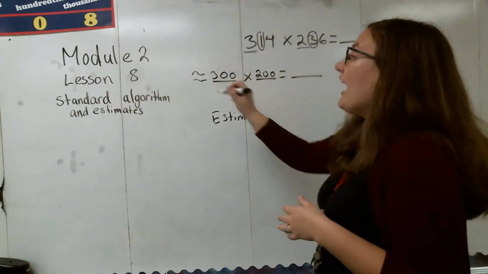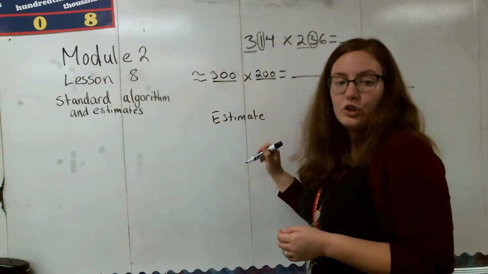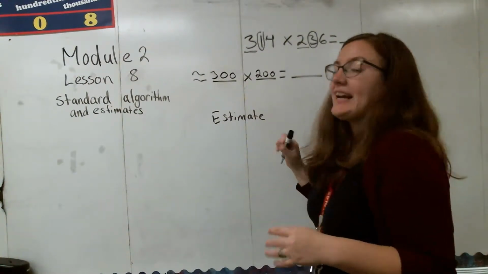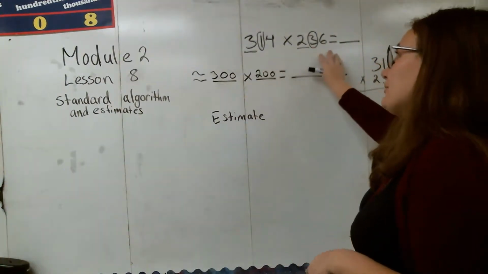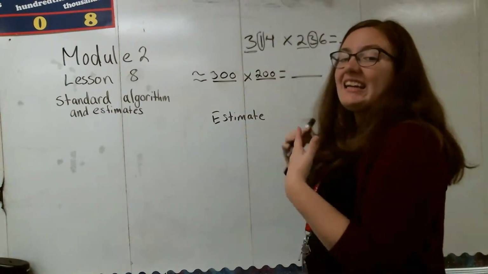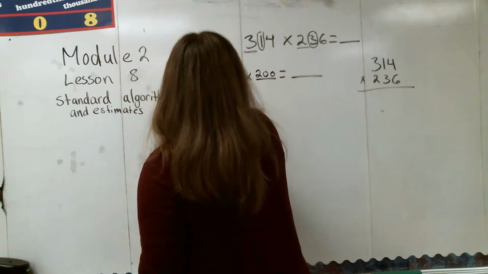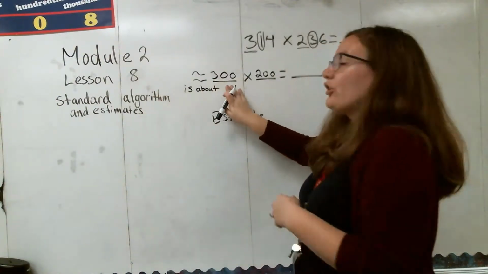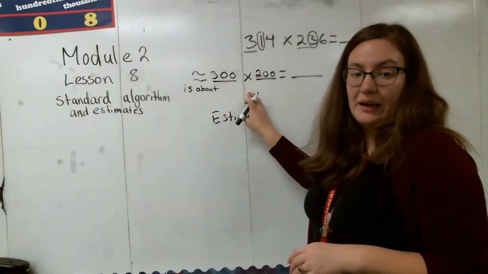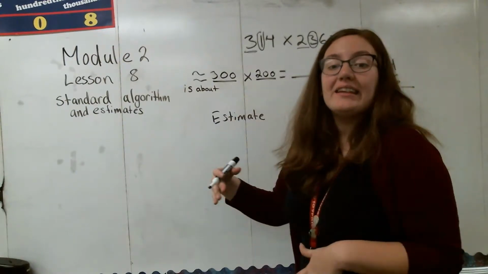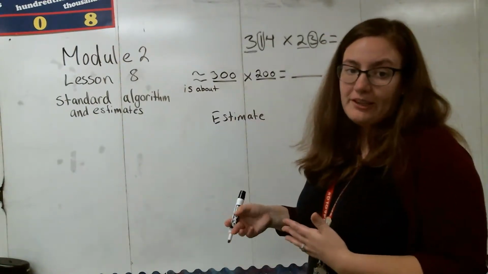So now I have this little curvy equal looking sign because I'm saying that 314 times 236 is about, so we can think of this symbol as saying that this is about 300 times 200. And this is an easy problem that we should be able to solve.